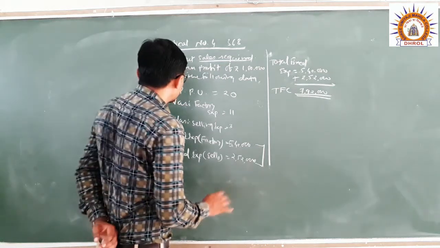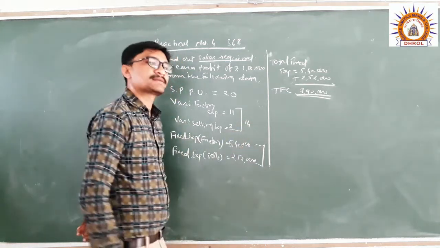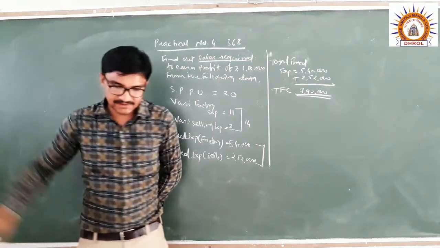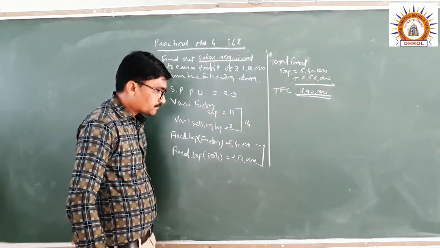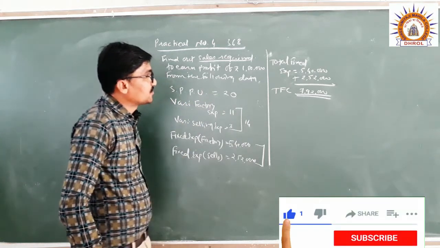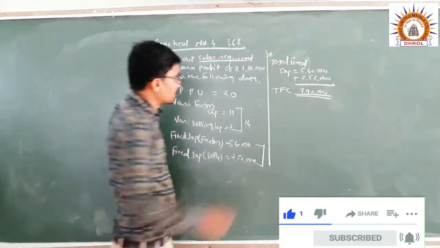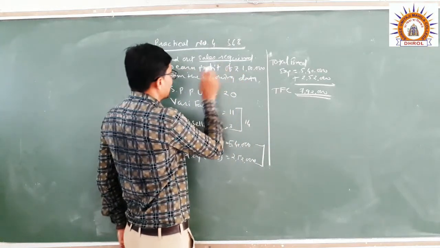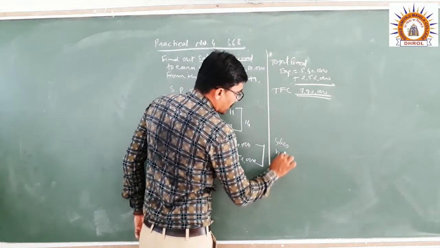Then here the total variable cost is 14 rupees. Total variable cost is 14 rupees. Right? Then selling price per unit is given as well. So you just think about that. See, the formula is to find out the sales required.